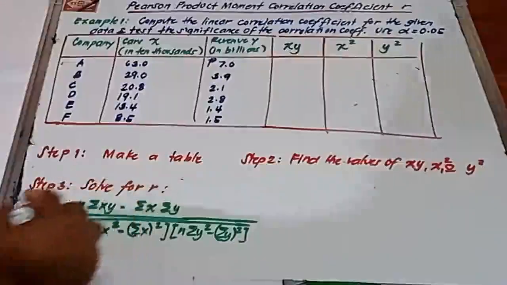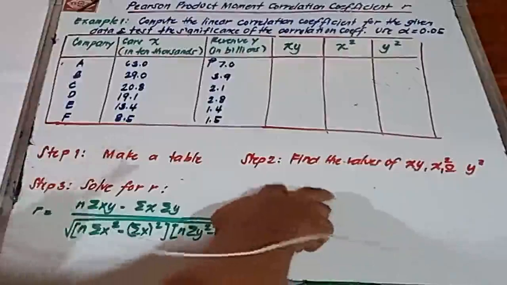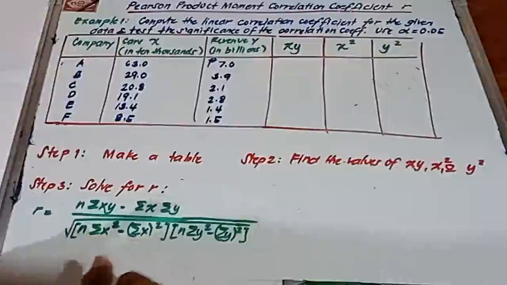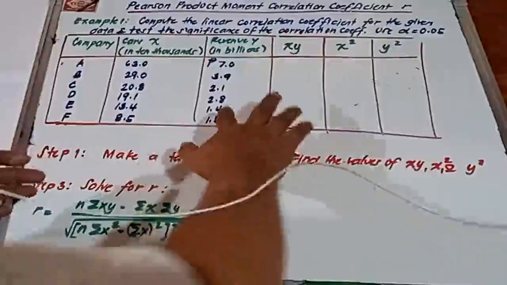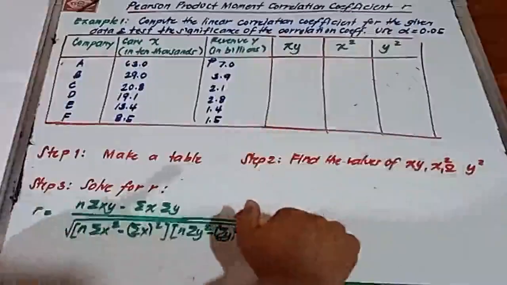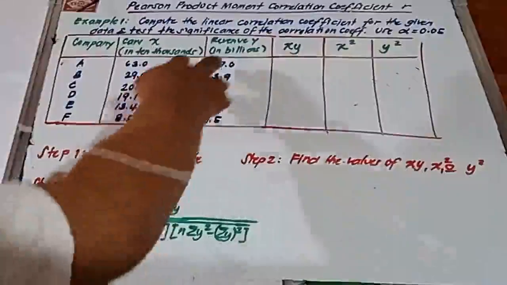And then, step number 2. We're going to determine the values of xy, x squared, and y squared column. We're going to get the summation of these 3 columns so that we can apply this into our formula of r. Also, alamin na rin natin yung summation of x and summation of y.